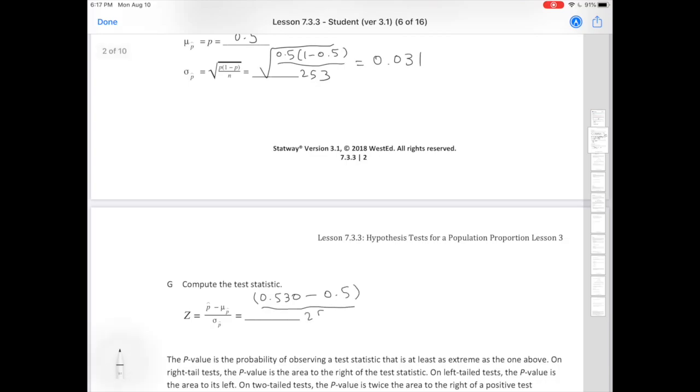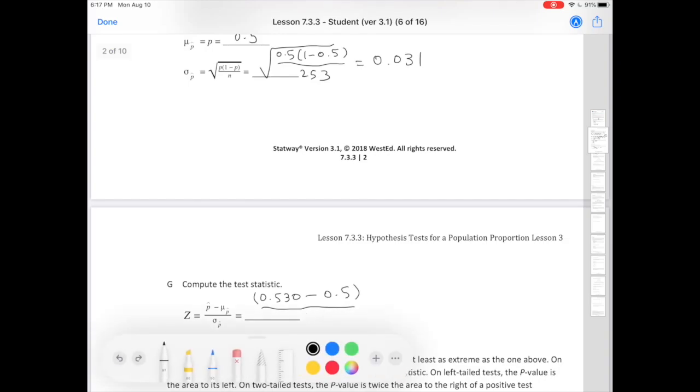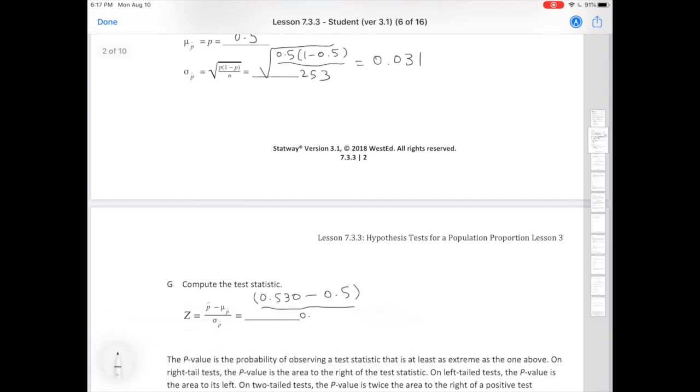Oh, no, sorry. Wrote that wrong. We're going to divide it by 0.031, right? The standard error. Okay, when I do that in my calculator, I get 0.97 if we round it to 2 decimal places, which usually for z-scores we round it to 2 decimal places.